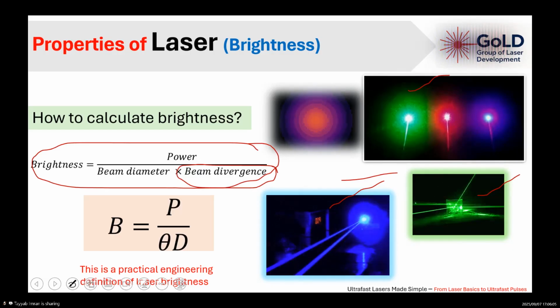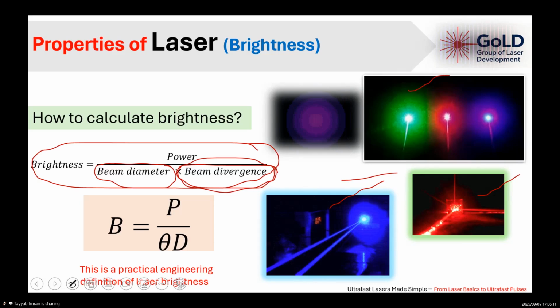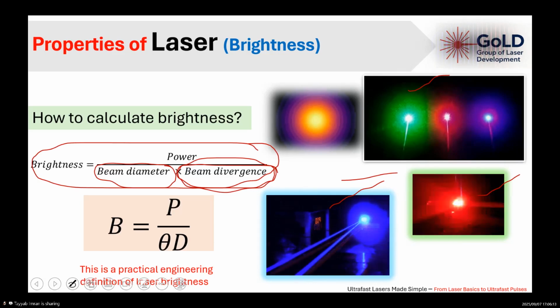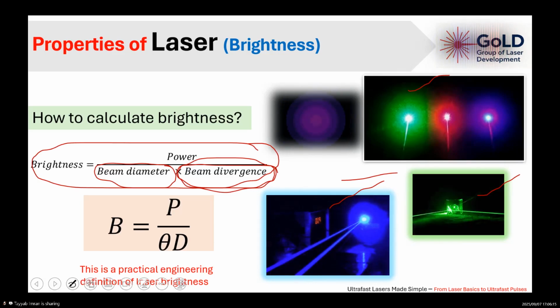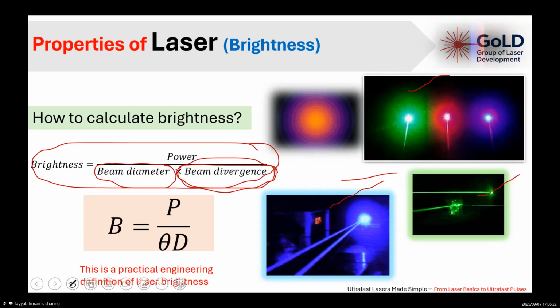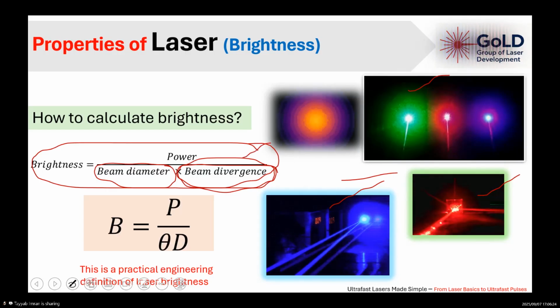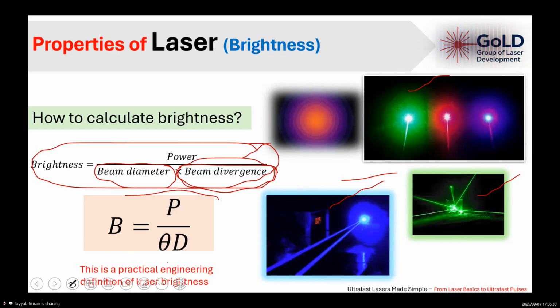When you are studying the beam divergence, at that time you can also measure the beam diameter. And for power, you can have a power meter or something like this. With the help of this formula, you can find out the brightness. So this is your formula for the brightness.